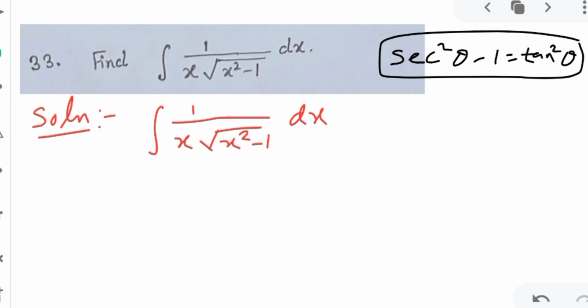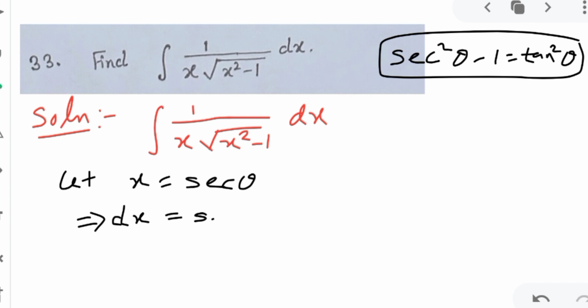Okay, so I will replace here: let x is equal to sec theta. If I am replacing x with sec theta, I will also replace dx in terms of theta. Correct? So I will differentiate both sides. I can say dx is equal to sec theta into tan theta d theta, since the derivative of sec theta is sec theta tan theta.